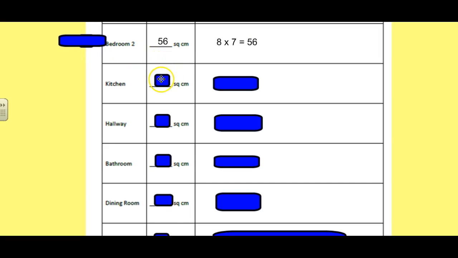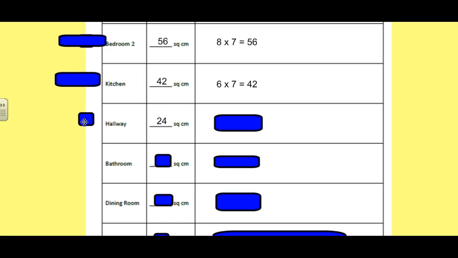The area of the kitchen was 42 square centimeters, and I was looking for 6 times 7 or 7 times 6 equals 42. The area of the hallway was 24 square centimeters, and the equation I was looking for was 3 times 8 or 8 times 3 is equal to 24.